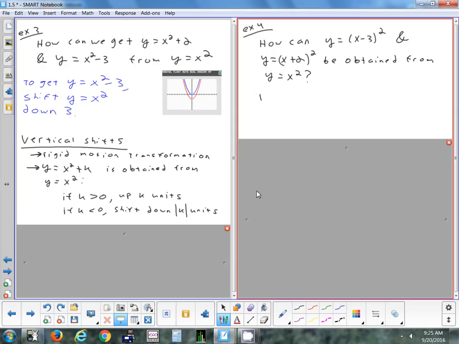So I'll write that one down. To get y equals x minus 3 squared, you need to shift y equals x squared right 3. And to get x plus 2 squared, you would shift left 2.